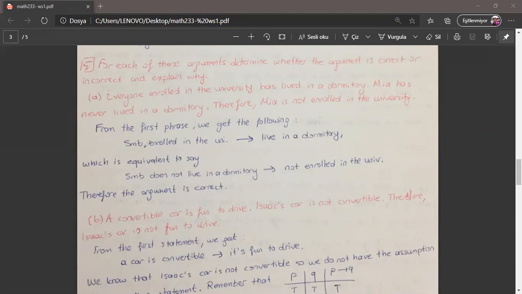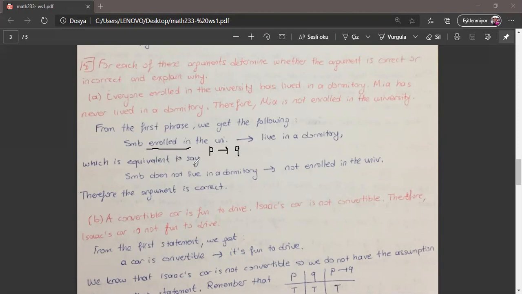Let's say this is the statement P. We have P implies Q, and Q here means living in a dormitory. It says P implies Q.